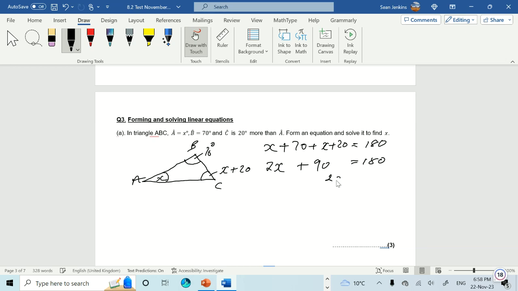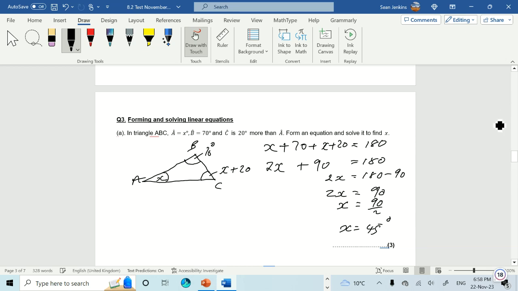That's nice. That gives me 2x is equal to 180 take away 90. So 2x must be equal to 90. And x, divide both sides by 2, 90 divided by 2, and x is equal to 45 degrees.